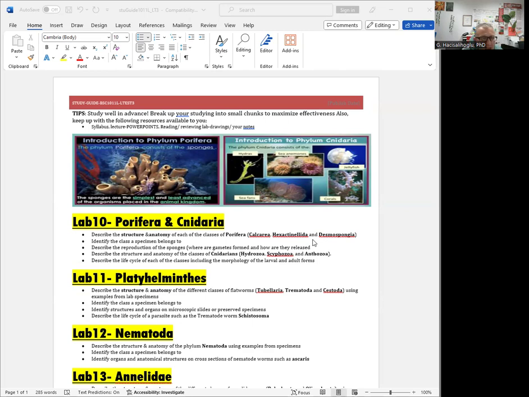Clade, C-L-A-D, is the sub-kingdom. The first sub-kingdom is Metazoa. Basically, you already know that Metazoa is Porifera, Cnidaria, and Platyhelminthes. So these 3 phyla are the Metazoa subkingdom, and they come from an ancestral protist background.